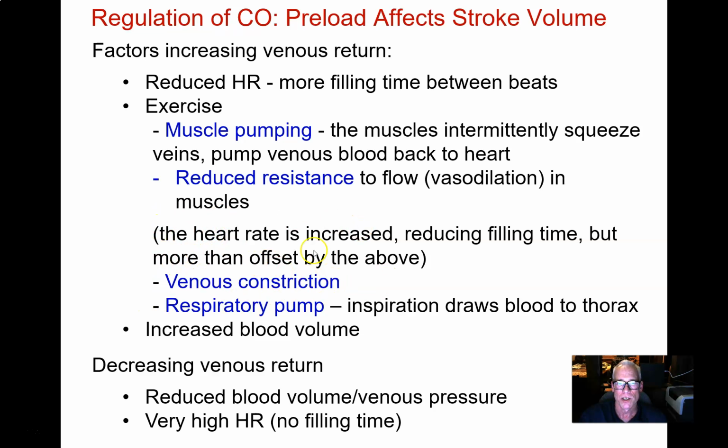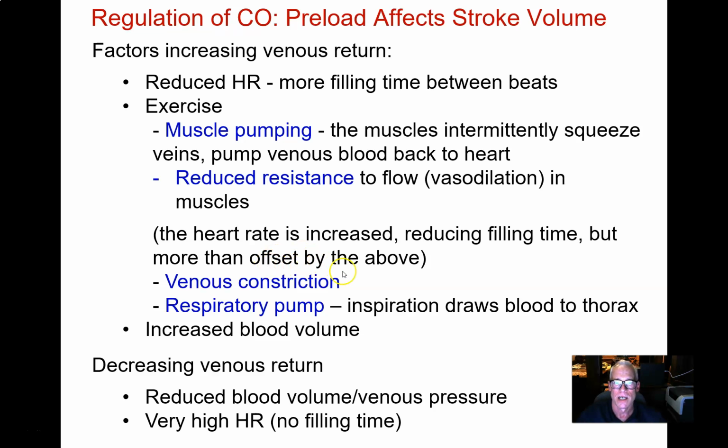All right, venous constriction. The veins are very large diameter vessels compared to the arteries, which are supramuscular, narrow diameter vessels, relatively speaking. The veins are huge. And so they have a lot of volume in there passing through. At any one time, almost 2/3 of the blood is in the veins on its way through.